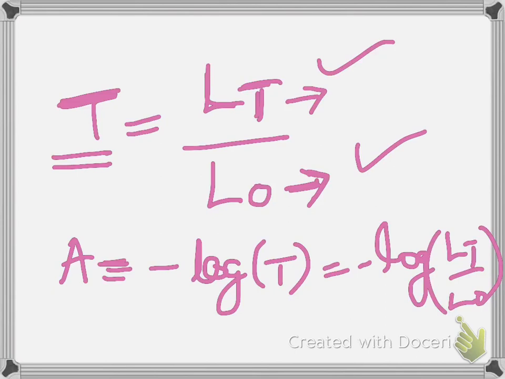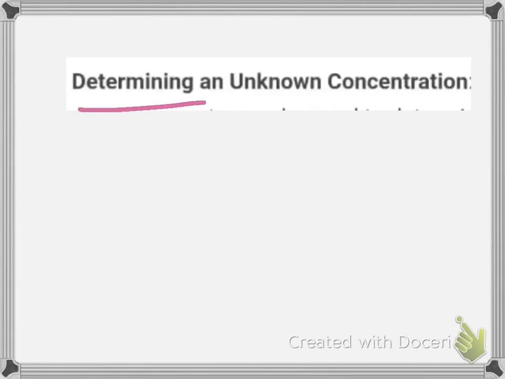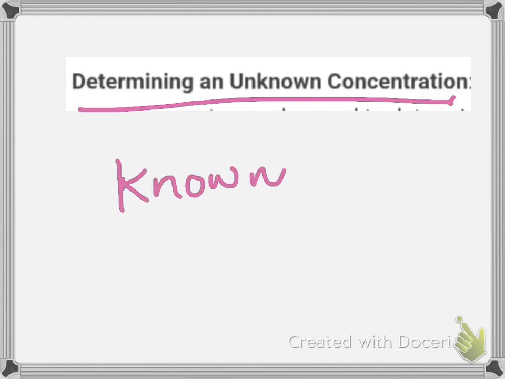Coming to the applications of absorption spectra. Absorption spectra have many different possible uses. The first one is determining an unknown concentration. Absorption spectra can be used to determine the concentration of an unknown solution. Usually we do this by using absorption data of a series of solutions of known concentration to create an absorbance curve.